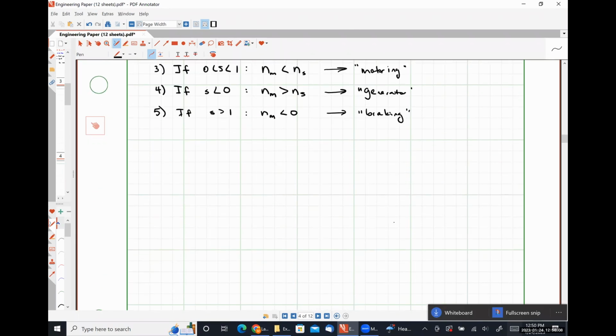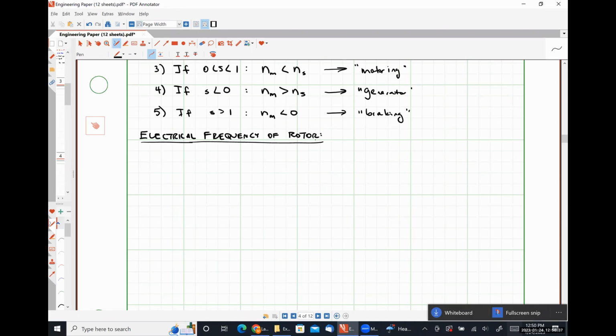All right. So now we're going to talk about the electrical frequency of our rotor. Okay. So let me explain what I mean by that.